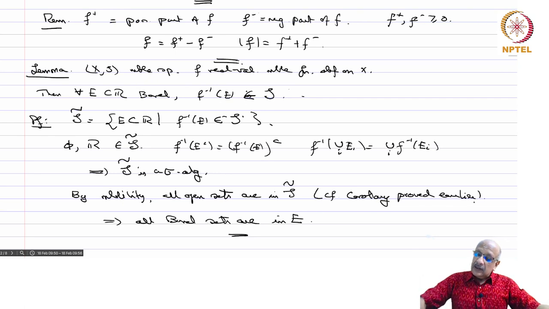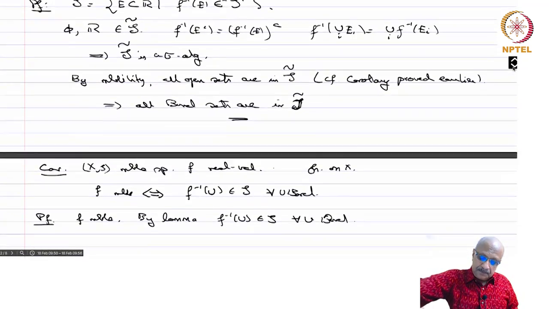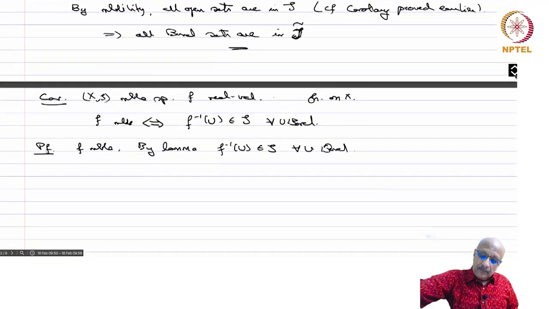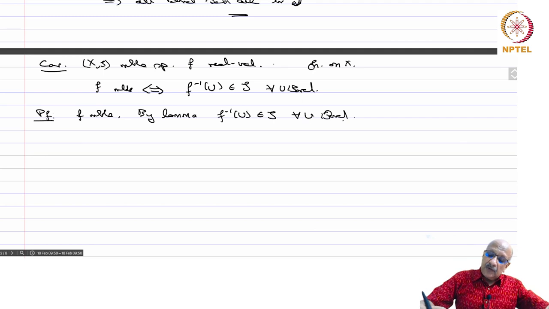Compare the corollary proved earlier. Therefore, all Borel sets are in S tilde. Okay, so this is the lemma. Sorry for the confusion. Okay, so by the lemma f inverse of U is in S for every U Borel.